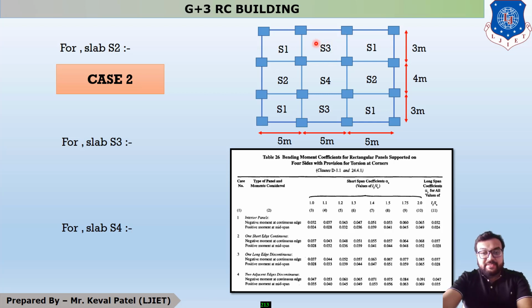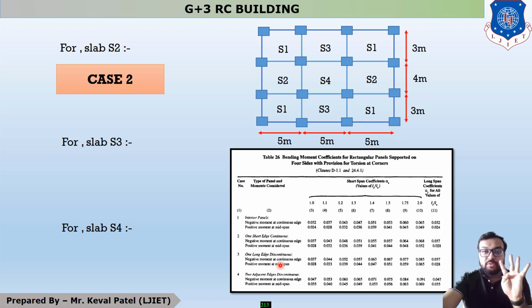So for slab S3, case number 1 is not eligible. Case number 2 is already for slab S2. Now case number 3, one long edge discontinuous. Yes, for slab S3 one long edge is discontinuous. For the design of slab S3 we have four moment coefficients, two negative and two positive: alpha x negative, alpha y negative, alpha x positive and alpha y positive.